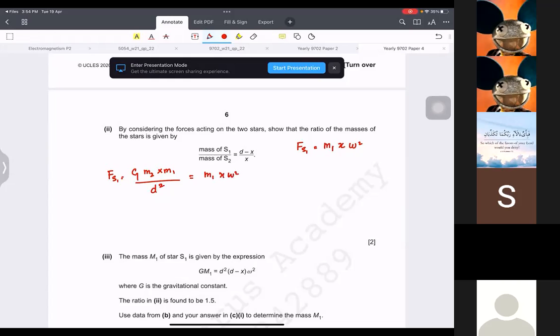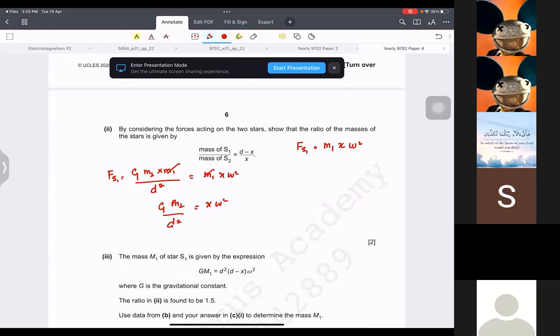M1 and M1 cancel out. So you get M2 D squared equals X omega squared, just like this. Okay. You could do that. And then what you can do is replace omega somehow.